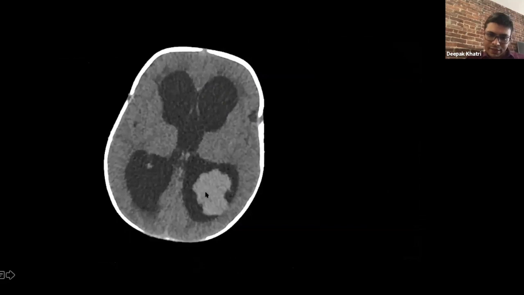So this white structure in the left lateral ventricle is the choroid plexus tumor. It's a choroid plexus papilloma. And the shape here is more characteristic of a choroid plexus tumor. It's more frond shaped, and it's associated with hydrocephalus.